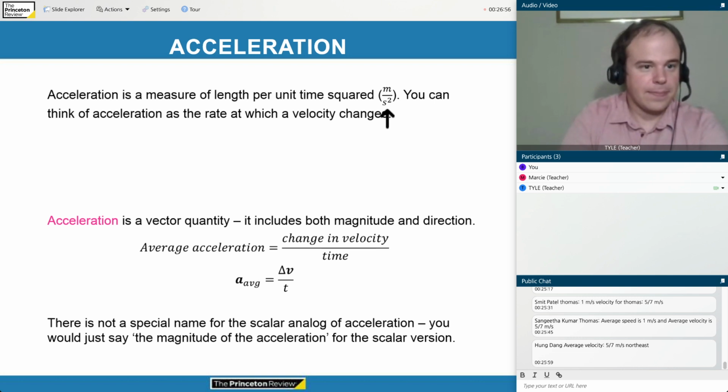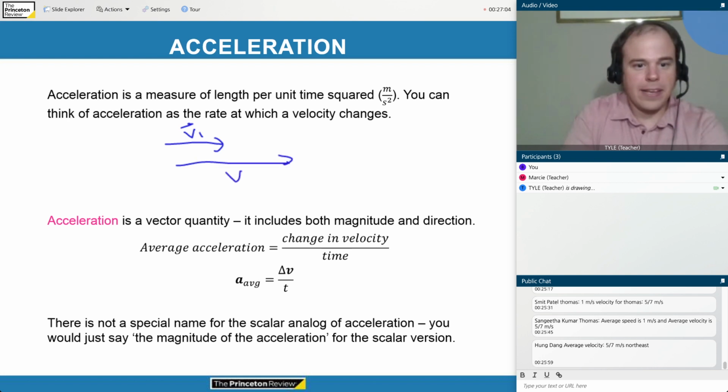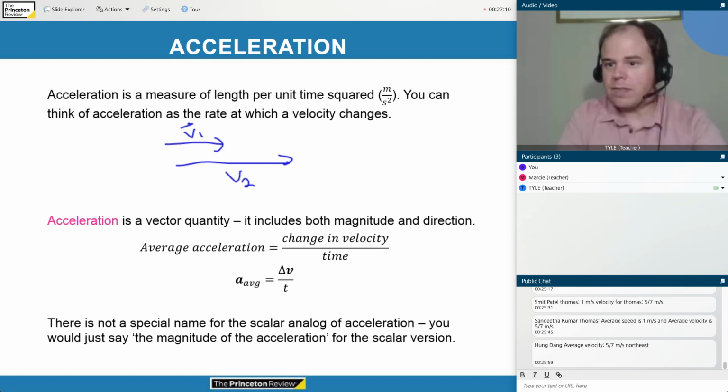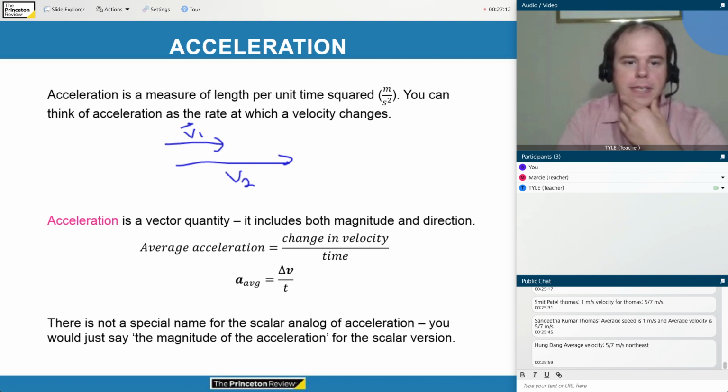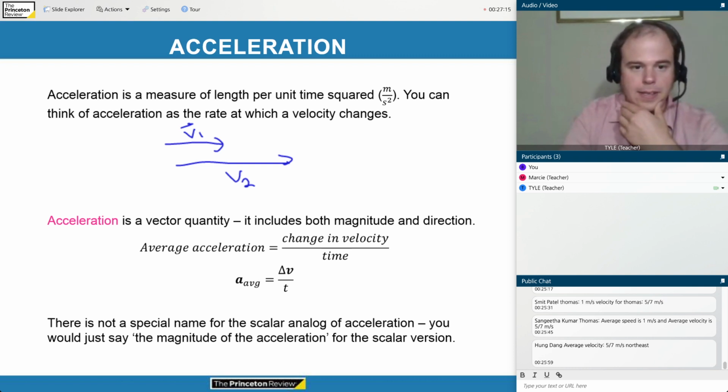Okay. So for example, if we have some velocity v1, and then sometime later we have a velocity v2, what's the difference between v1 and v2? Okay, the answer is the difference is this.